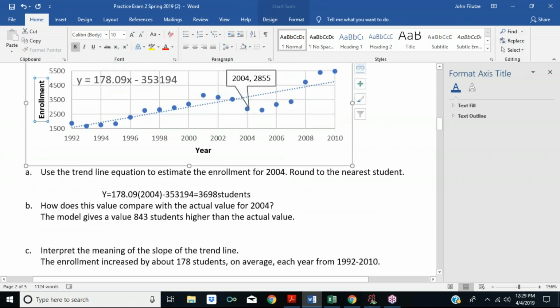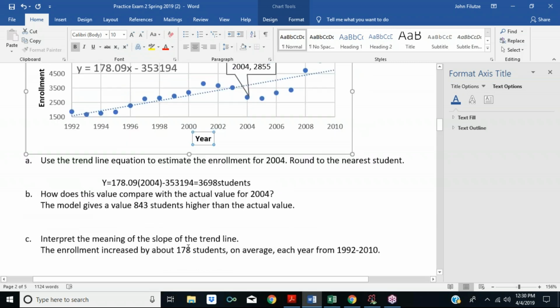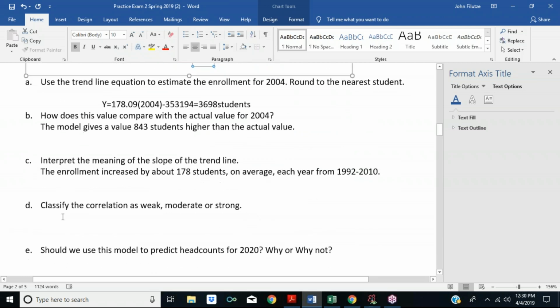So notice how I used enrollment and I used year in my description. That's an important idea. And then letter D says classify the correlation as weak, moderate, or strong. So this correlation looks pretty moderate. In this ending area from 2003 to 2010, those dots aren't super close to the trend line.